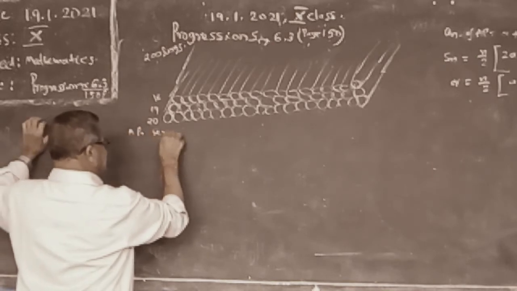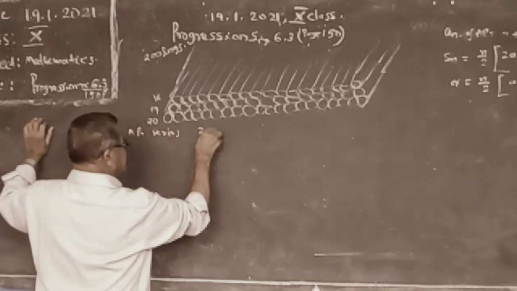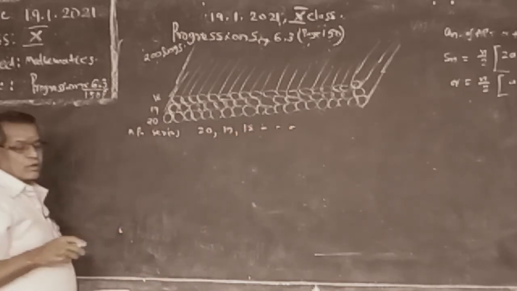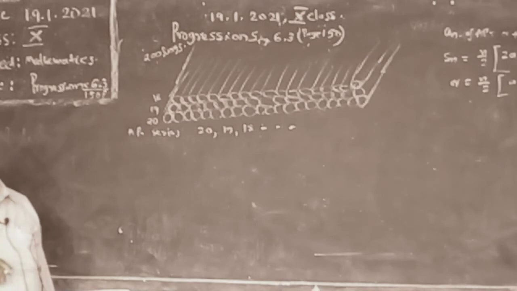The AP series is 20, 19, 18, and so on. We know Sn.